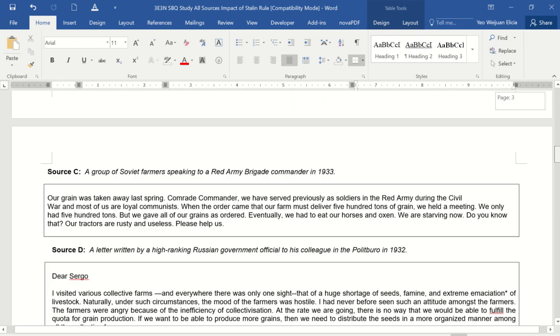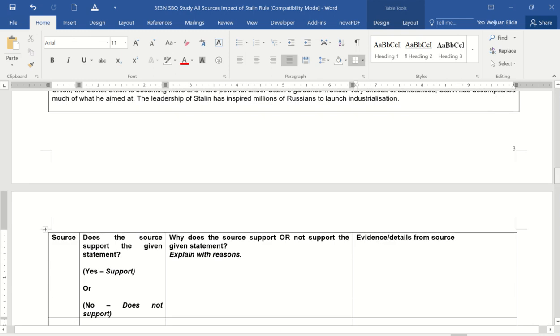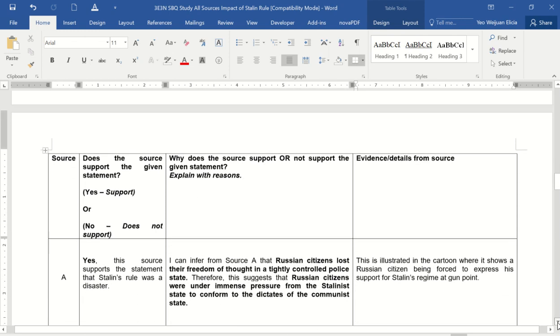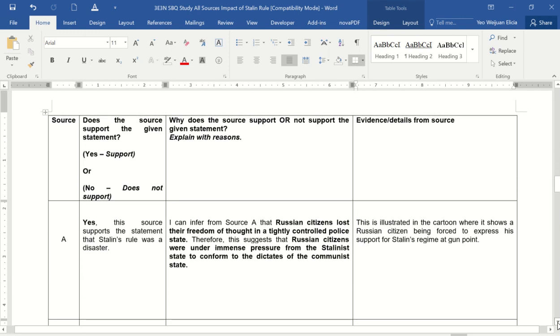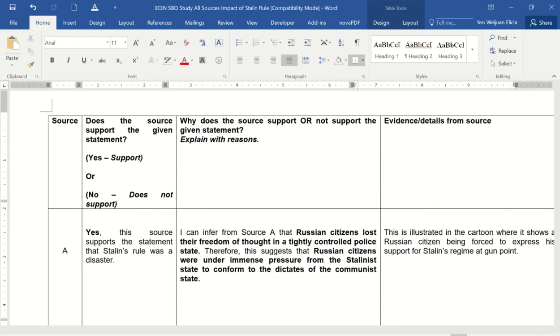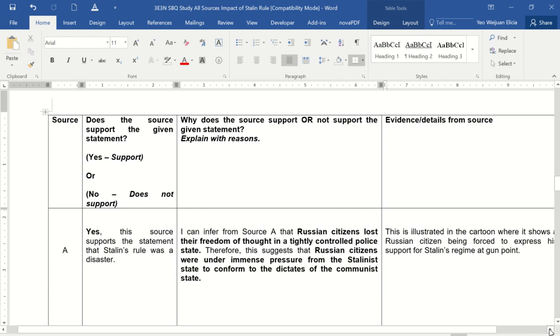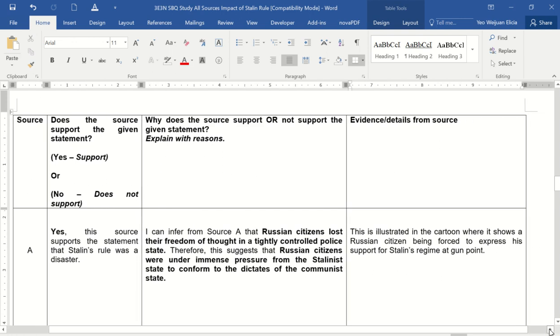So now let's go to page 4. Go to the table, let's read up together. You will see that for source A, does the source support the given statement? Does it support that, yes, it was a disaster? It does. So I should write something like, yes, this source supports the statement that Stalin's rule was a disaster.